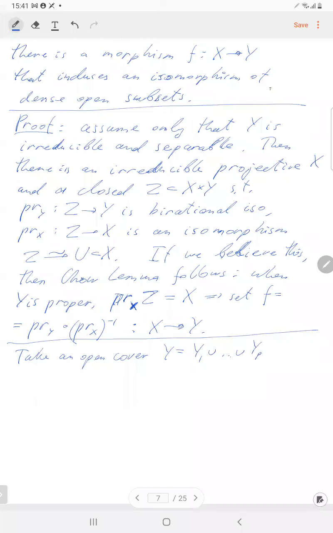No, because I used that Y is proper here. You see, in the end, you used this to construct the real isomorphism. Yes. Yes, and what's your question?